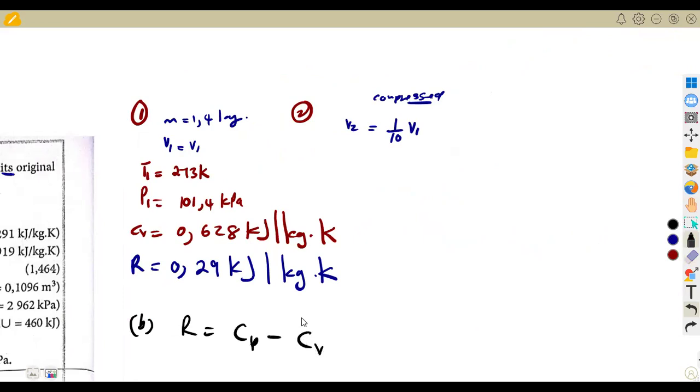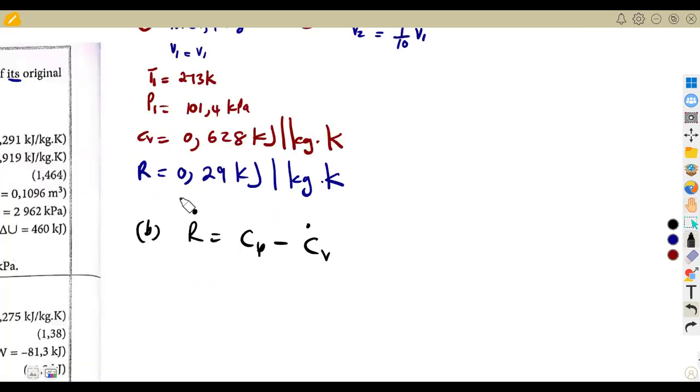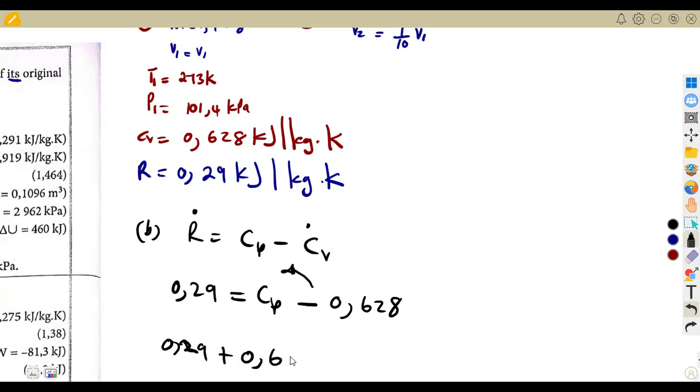We have CV, we have R, so you can make CP the subject. Substitute R is 0.29 is equal to CP, the one that we want, minus CV, 0.628. If I transpose this to the other side, it becomes positive. So 0.29 plus 0.628 is equal to CP.